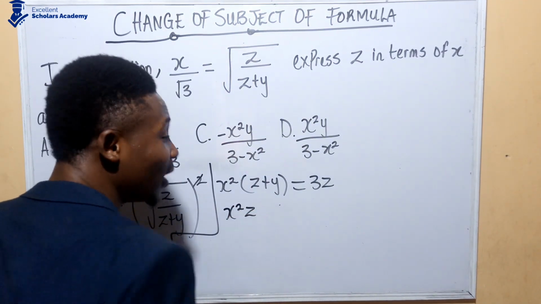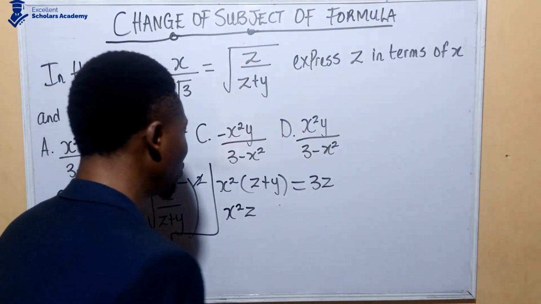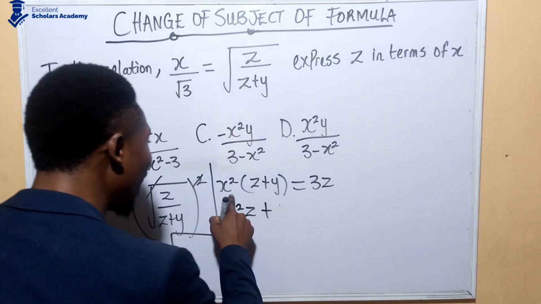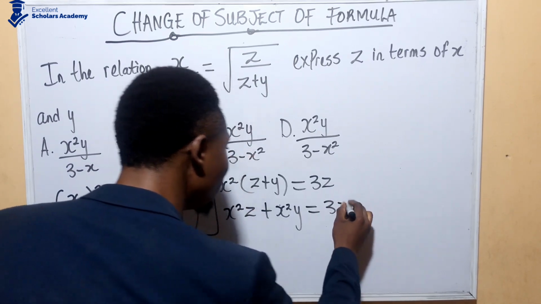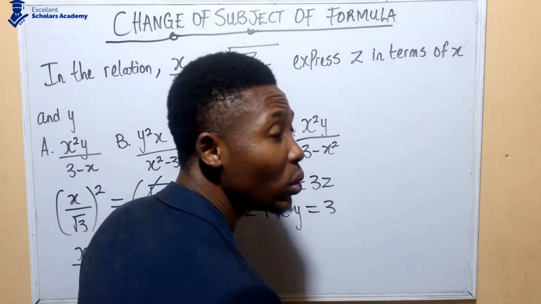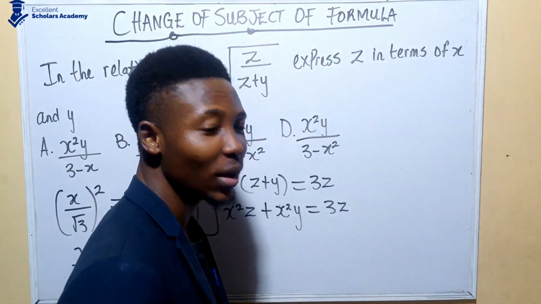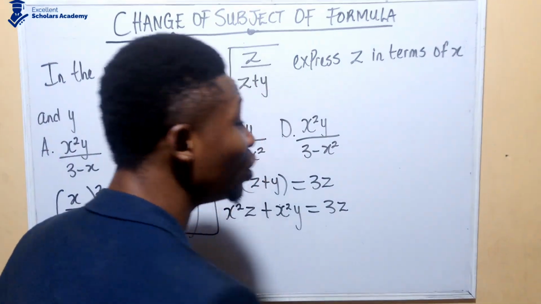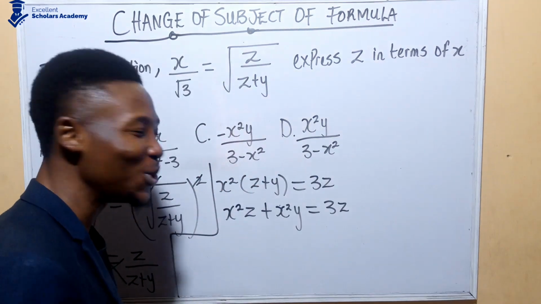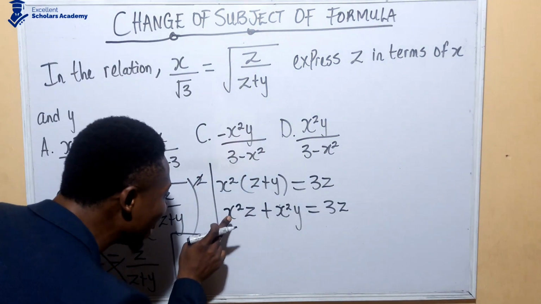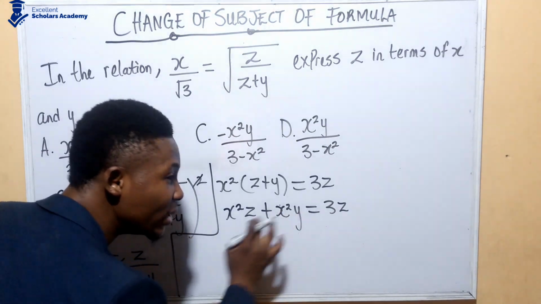Plus x squared times y, that gives us x squared y, is equal to 3z. Now let's continue. So now, this is x squared z plus x squared y is equal to 3z.